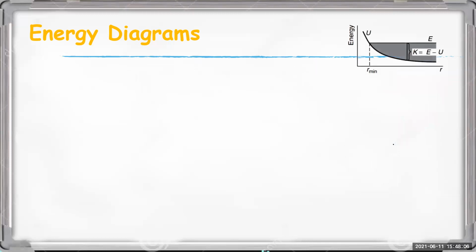Now we discuss another type of energy diagram. In this diagram, the motion is not bounded. Here the energy is constant, but the potential energy is not a parabolic one.